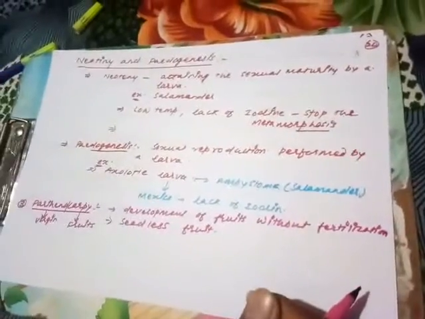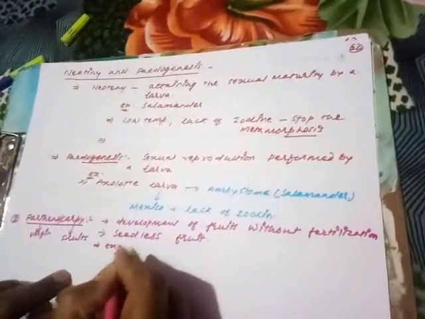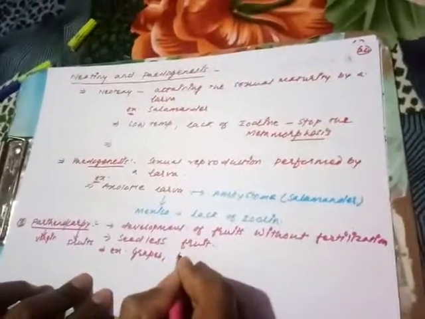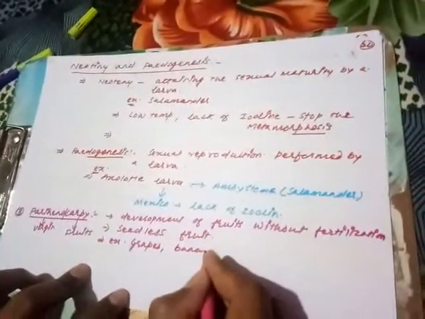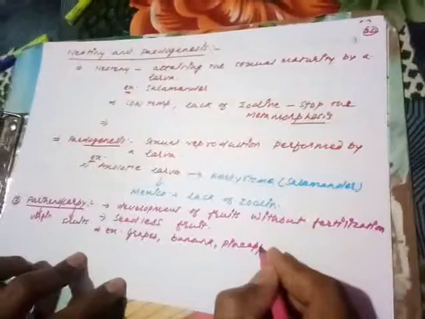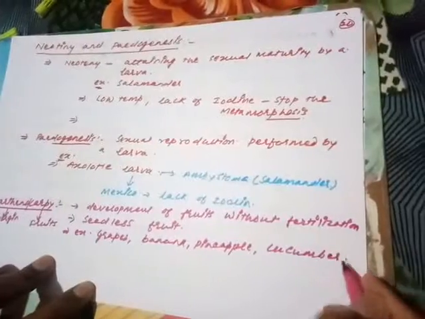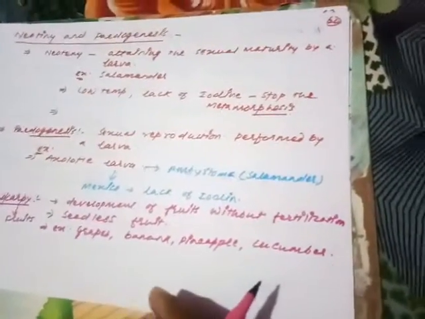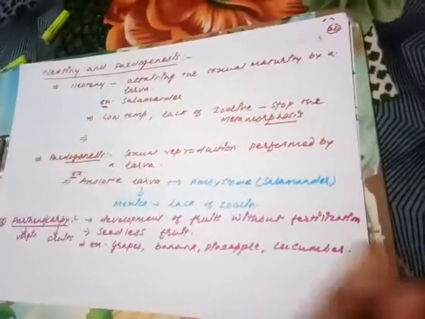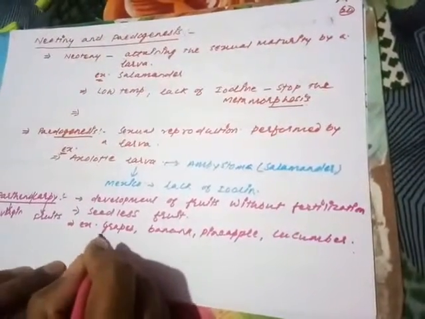My dear students, you have seen many fruits like grapes, banana, pineapple, cucumber. These are examples of parthenocarpy. If you ask your parents or elders, they will explain that initially the pineapple, cucumber, watermelon had a great number of seeds.